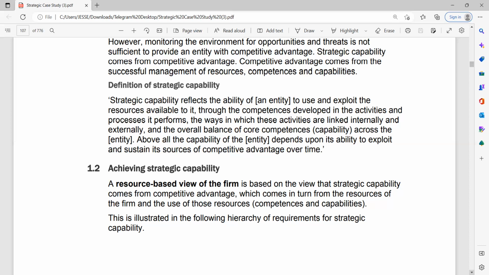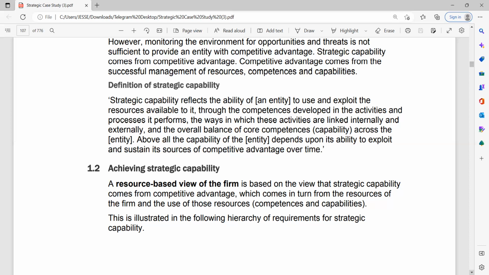A resource-based view of the firm is based on the view that, so there are many views, right? Number one is a resource-based view. A resource-based view of the firm is based on the view that strategic capability comes from competitive advantage, which comes in turn from the resources of the firm, right?